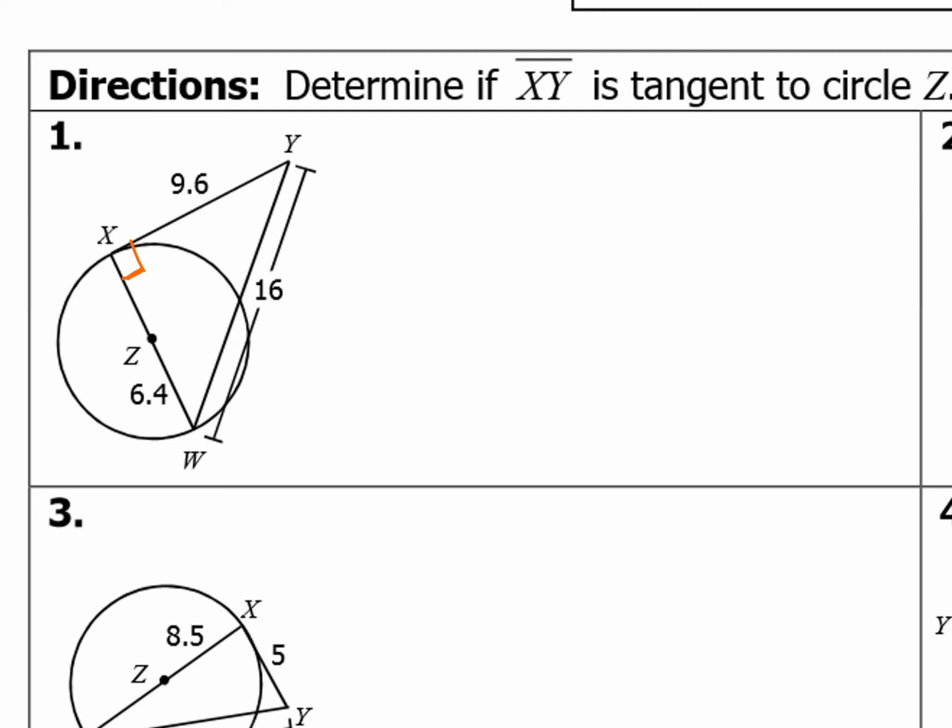Use your calculator and let's see what these equal. Let me pause here. Okay, so I worked out those numbers. 314 does not equal 14. So this is not a tangent line.